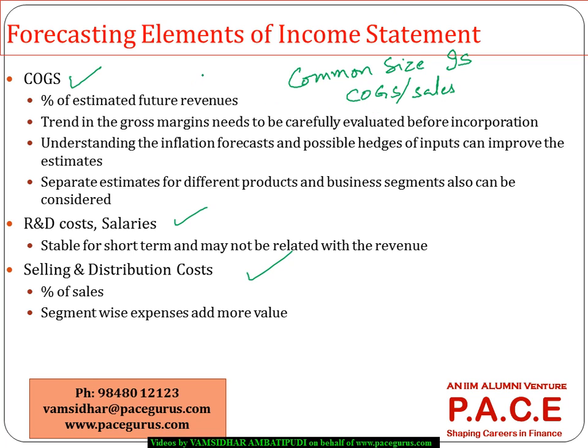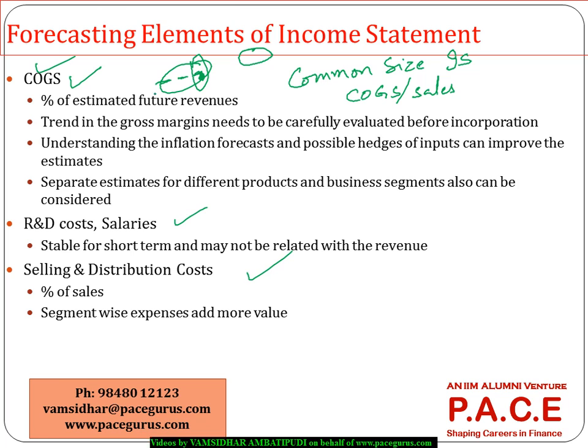So historically I take one number as the COGS as a percentage of sales. Though for the last 3 years there are 3 different values, I may take the average of all these 3 or I may take the recent one as a single value for the projected COGS ratio. And that particular percentage I multiply with the future revenues and use it as the cost of goods sold for that particular period.